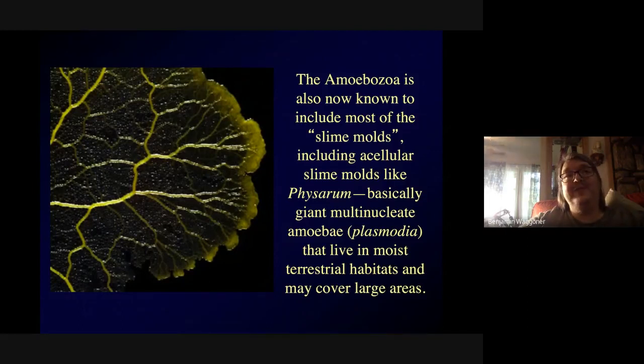This is the kind of thing that covers the undersides of logs in moist forests. There's lots of these in damp mountain forest in places like the Appalachians. So you have acellular slime molds like that.